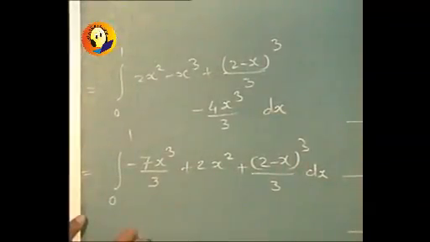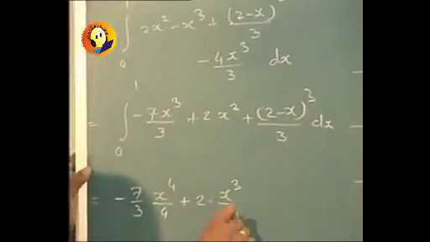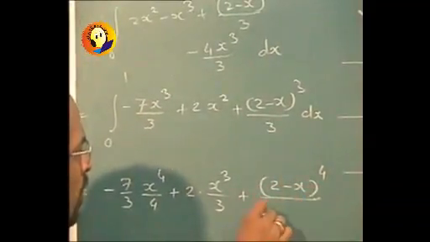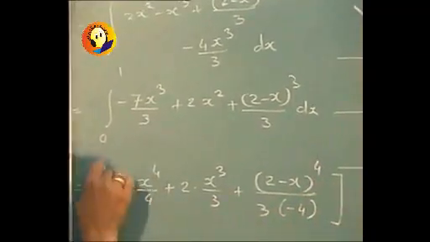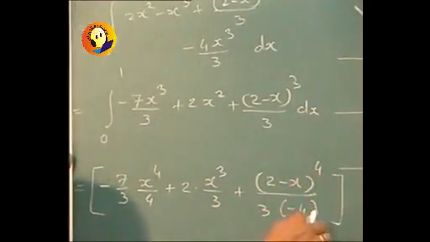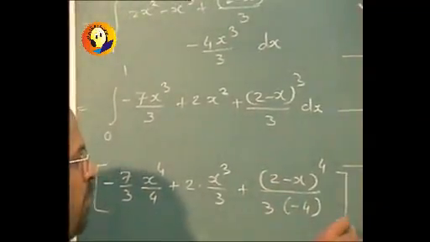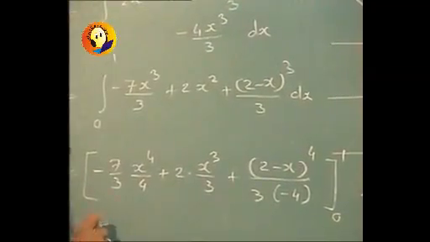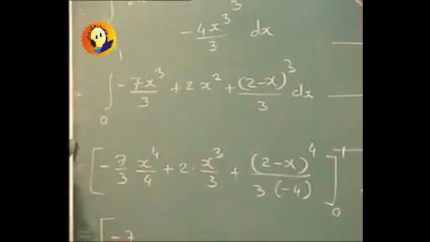Integration will be minus 7 by 3 x raised to 4 by 4 plus 2 into x cube by 3 plus (2 minus x) raised to 4, original 3 is already there, and minus 4. It is x raised to 4 upon 4 is the formula, and the coefficient of x, minus 1, we should multiply. As we substitute the values of upper limit, we will be getting it as minus 7 by 12 as the first term.